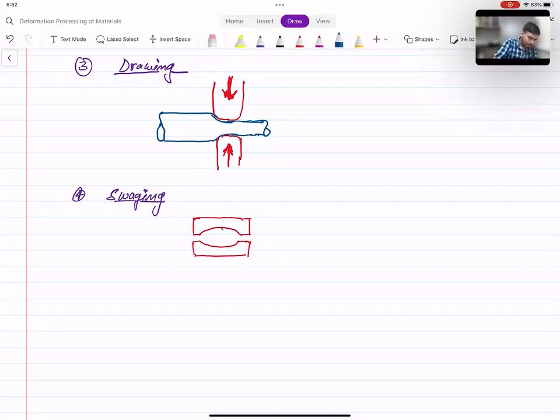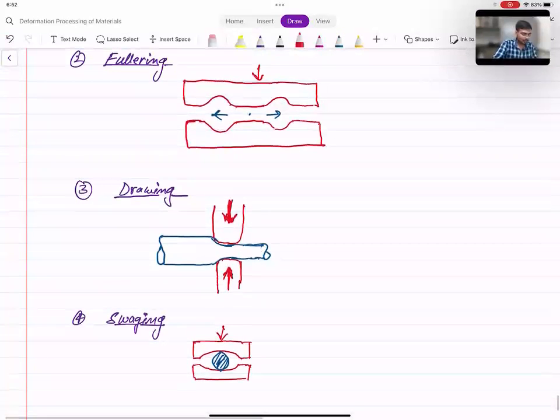And it is rotated and the dies keep on pressing it. So this process is known as swaging. So these are various forms of forging operations which are done to achieve different types of reductions in dimensions or changes in cross sections as per our requirement.